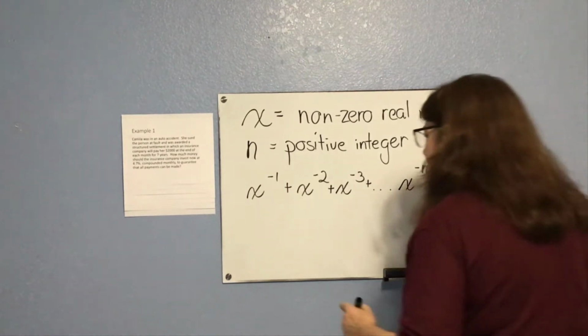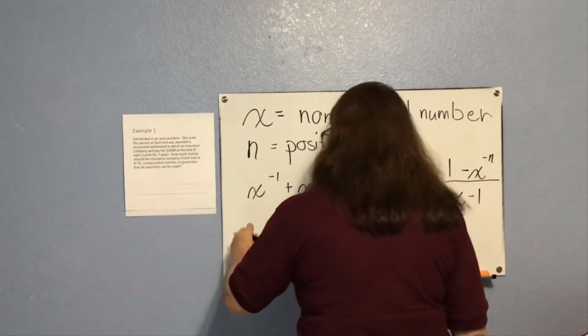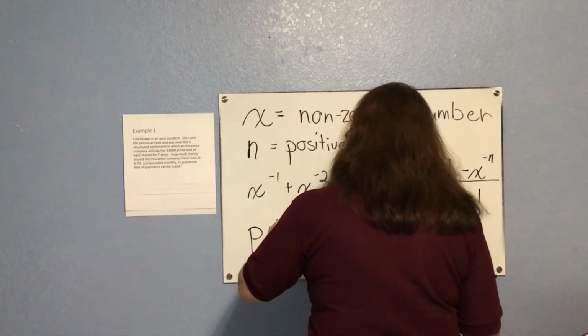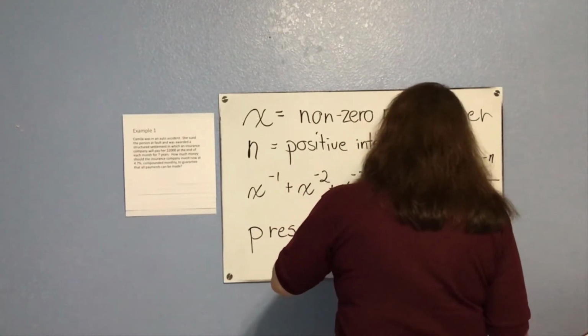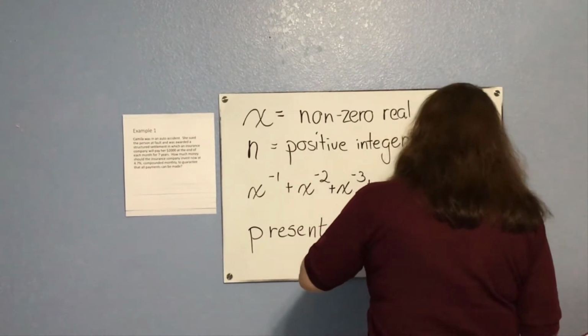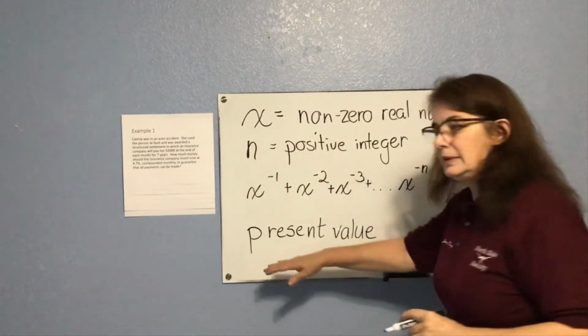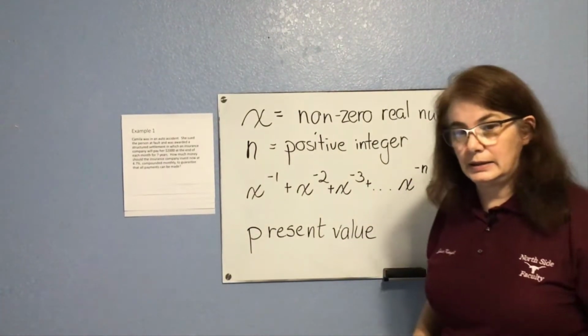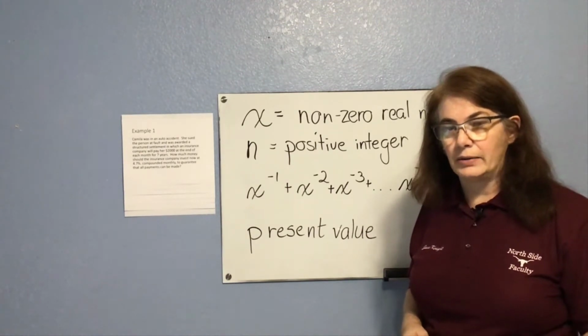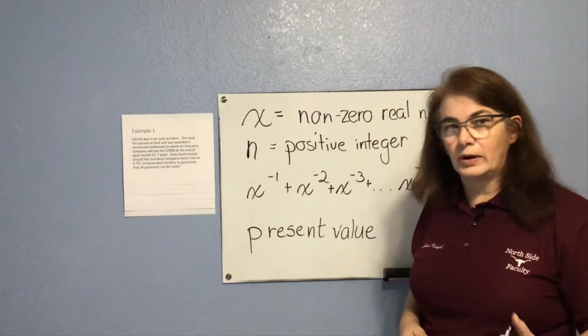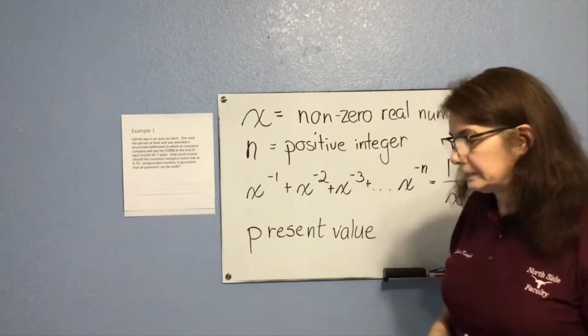Now we'll be talking about the present value of an annuity. It means how much do I need today to be able to make payouts of the amount that I want for the number of months that I want.